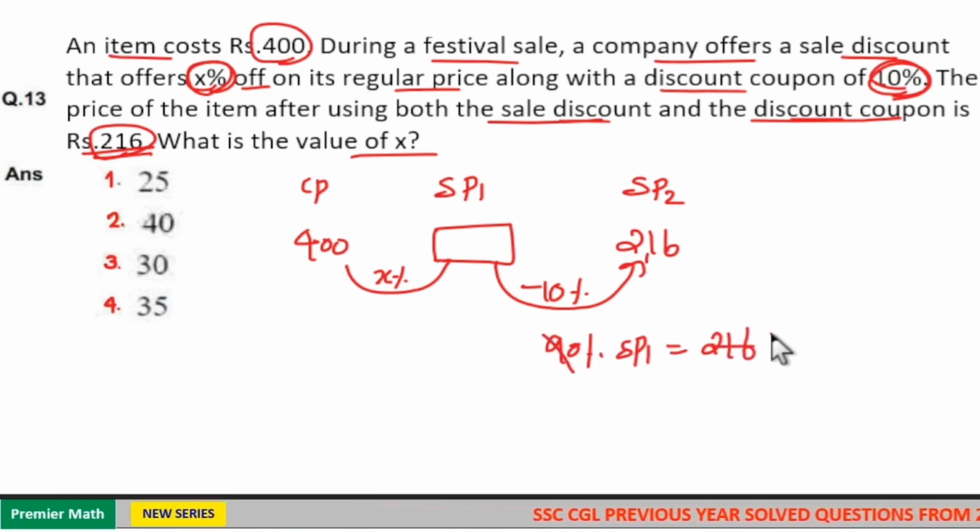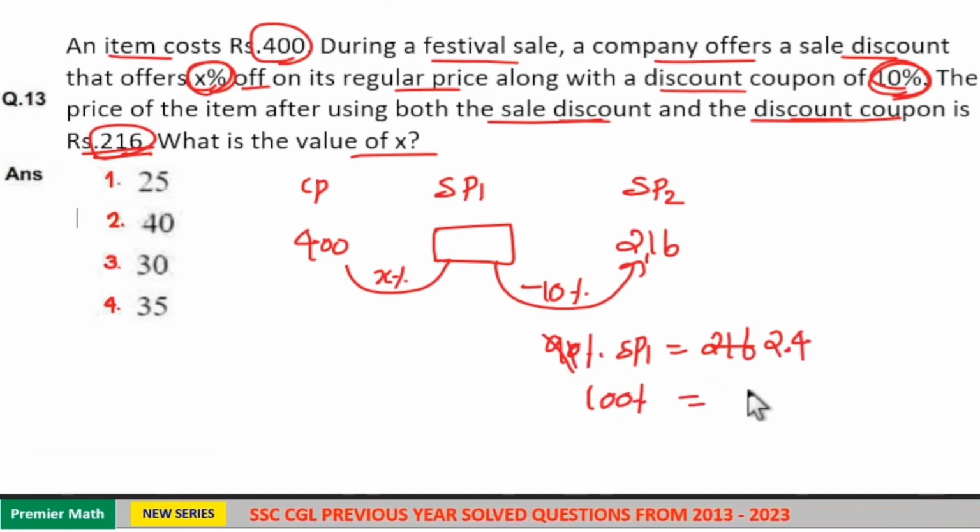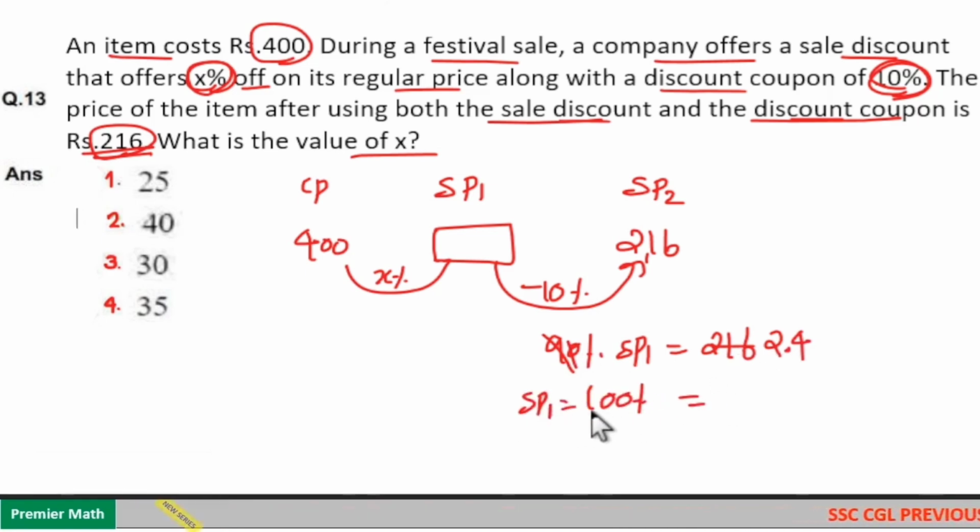Now 9 goes 2 times in 21, remaining 3, 9 goes 4 times in 36. So 10% is 24 means 1% is equal to 2.4. Then 100% is SP1 is equal to 240. So here SP1 we got as 240 rupees.